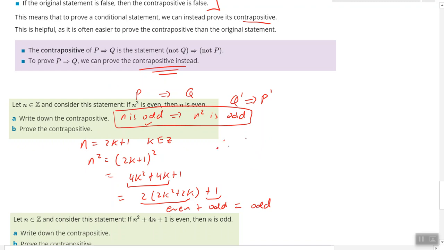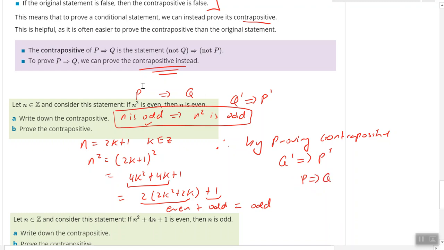So by proving the contrapositive, not Q leads to not P, P leads to Q. I've defined my P and Q in the question, and that's important, you can't just write it abbreviated without defining it first. I've proven that the contrapositive is true, so the direct statement P leads to Q is also true.